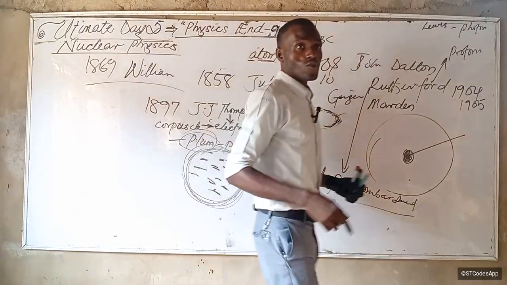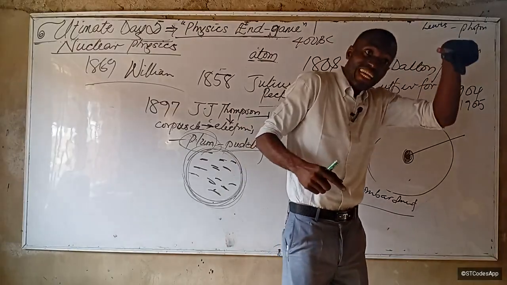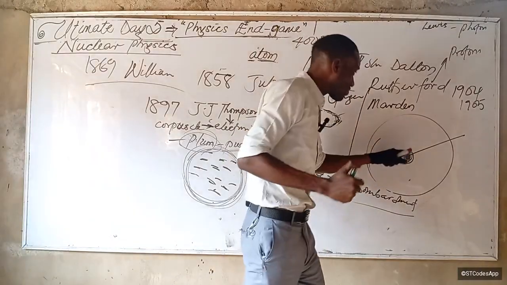If they were repelled at the center, it means there were positive charges at that center that repelled them. Does that make sense? So it was those positive charges that he named what?